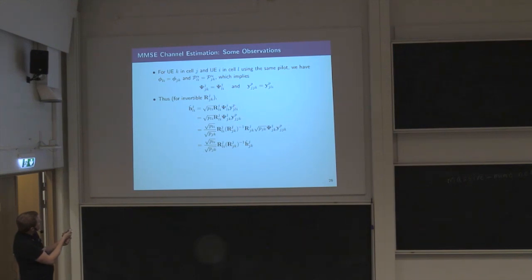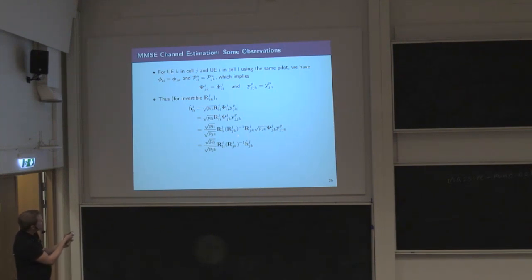And then let's assume that the covariance matrix of my own user is invertible, so I can put it in here: the covariance matrix times the inverse of it. Then I can notice, but look, this part here is actually the expression for the estimate of my own user, H hat J subscript K, the channel from base station J to the kth user in cell J. So I now have a relationship between the estimate of my own user and the user in another cell.